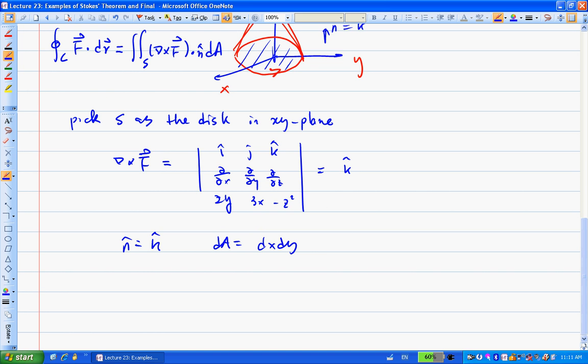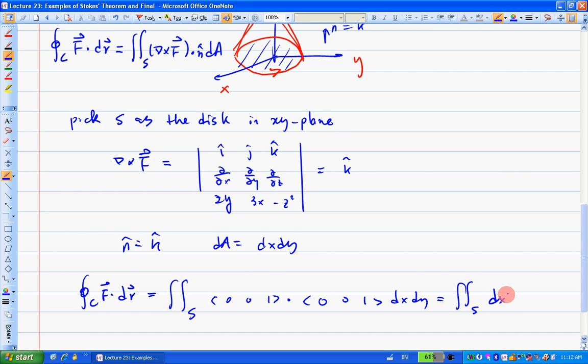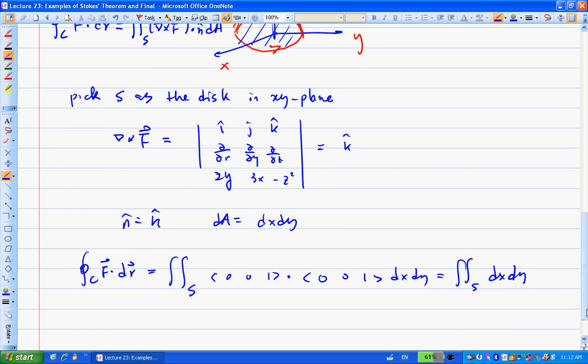So now I'm going to plug everything in. This line integral equals this surface integral. The curl is 0, 0, 1, dot n hat dA. n hat is another 0, 0, 1, dA is dx dy. So that's pretty simple.